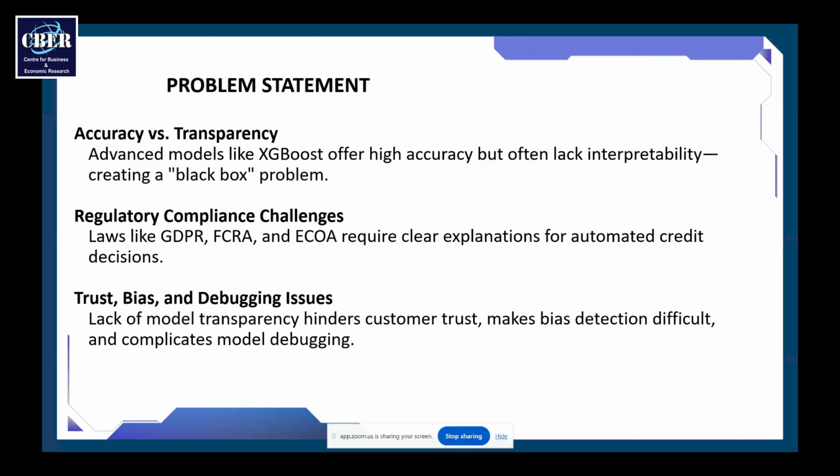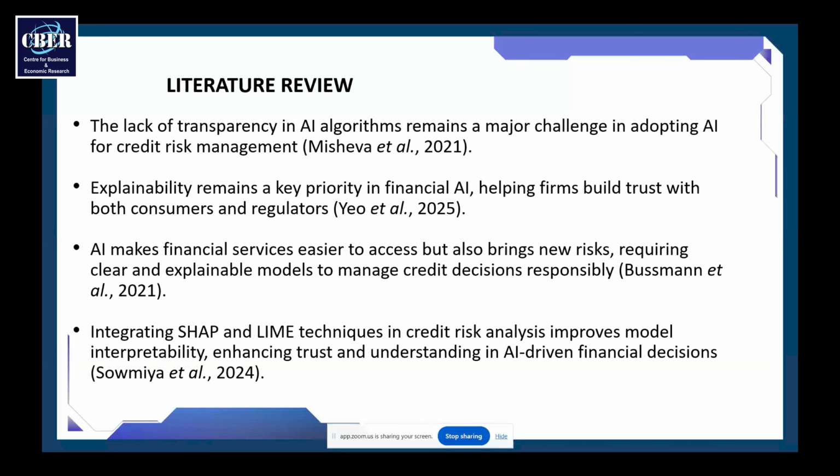And there's another problem with the regulatory compliance bodies. How do we justify a claim that a loan was denied and it wasn't based on bias, maybe the person's race, skin color, gender? How do we explain it to the regulatory compliance bodies? These are what we're going to be looking at.